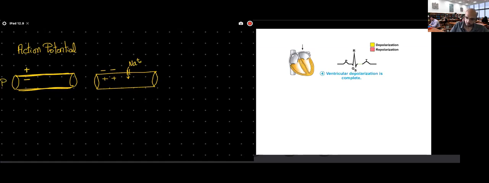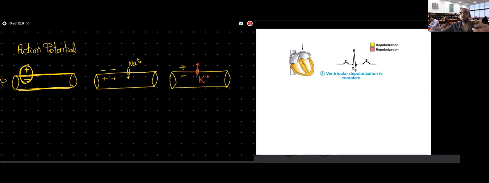And then in order for this cell to respond to another stimulus, it needs to return back to its resting membrane potential. I need the inside to become negatively charged, and the outside to return back to become more positively charged. So what will I do? As a major cation inside the cell is the potassium, we open the potassium channels, allowing the potassium to flow outside of the cell.